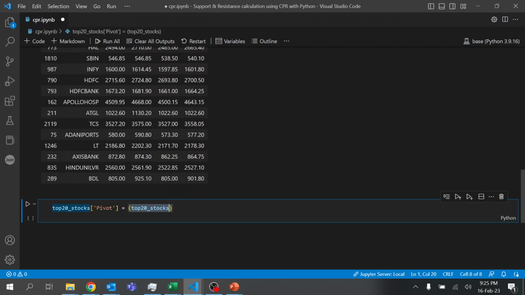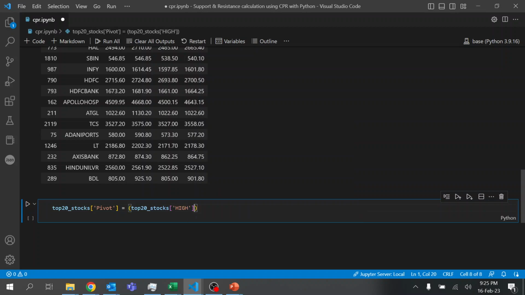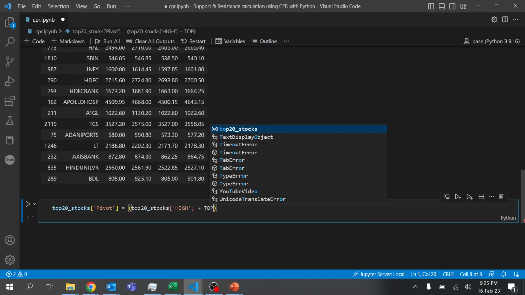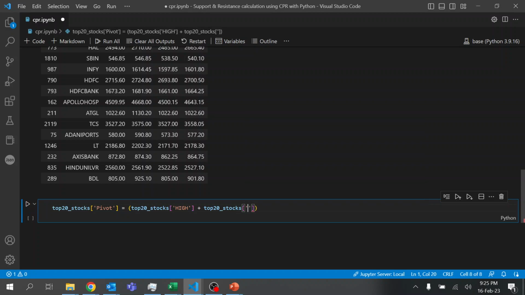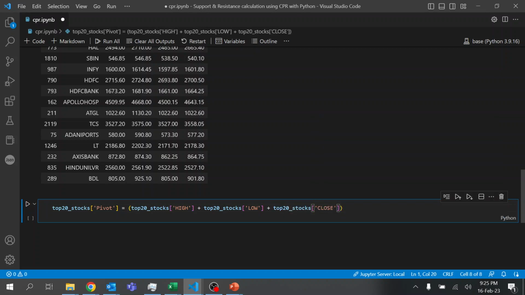So top 20 stocks, I'm going to set this one as high plus top 20 stocks of low and add top 20 stocks close, and I'm going to divide it by 3. This is the average.